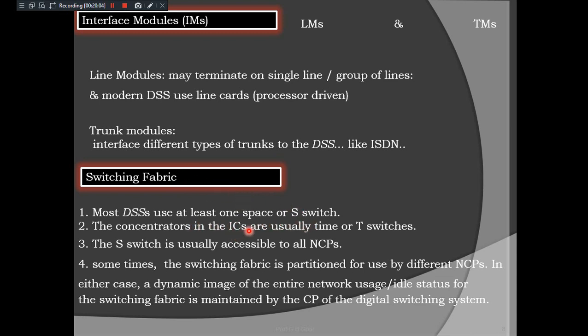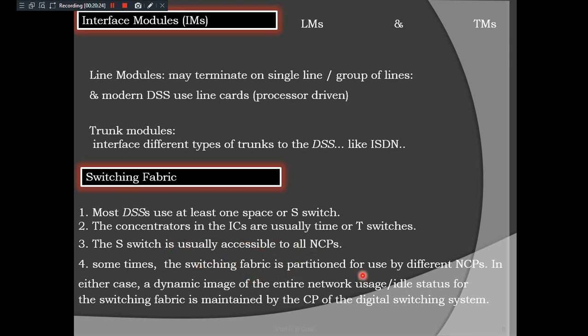The concentrators in the ICs are usually time driven. Last time only we have seen the ICs are time multiplexed with respect to NCPs. So that's why ICs are acting like T switches. Switching fabric is acting like an S switch. The S switch is usually accessible to all NCPs.